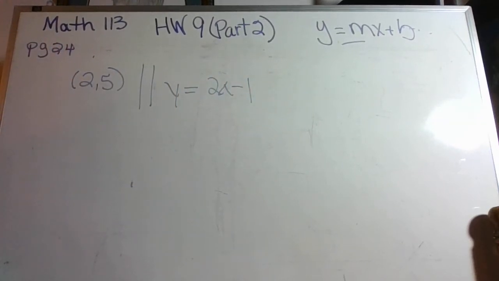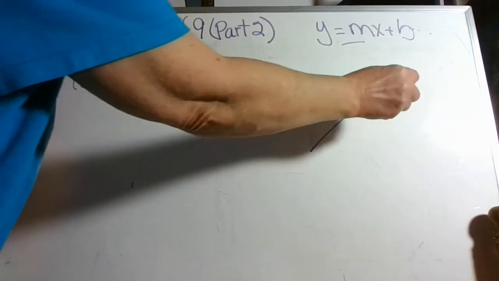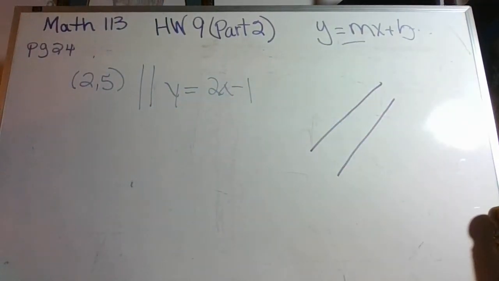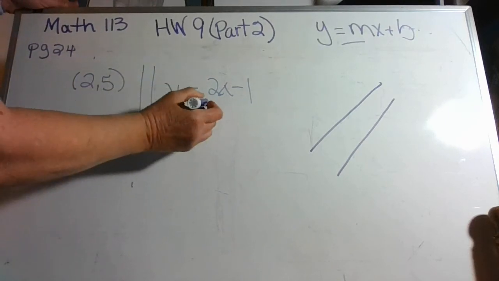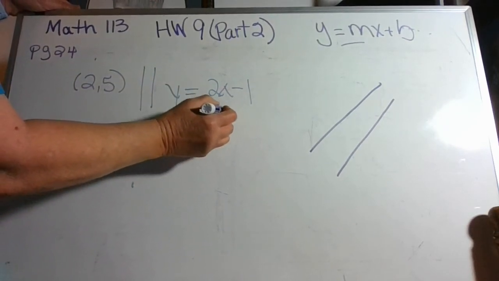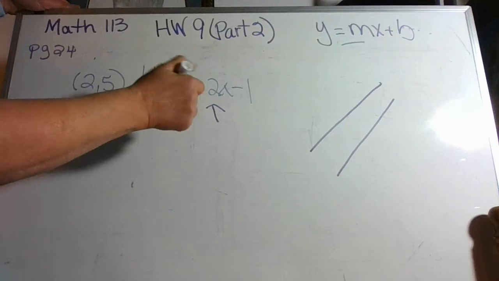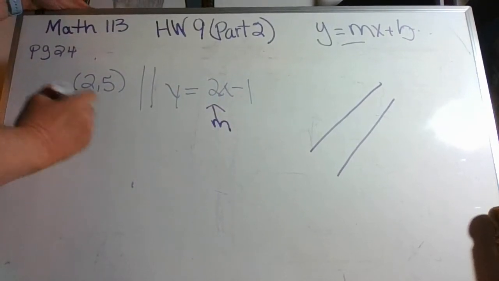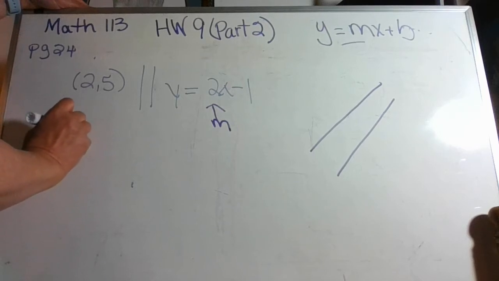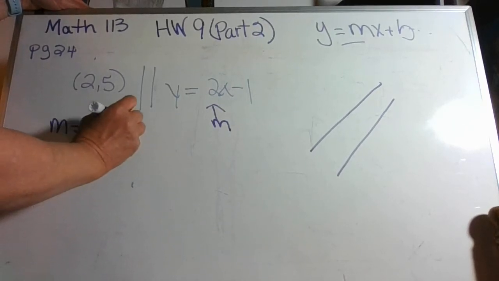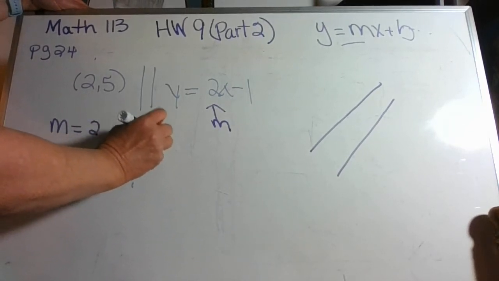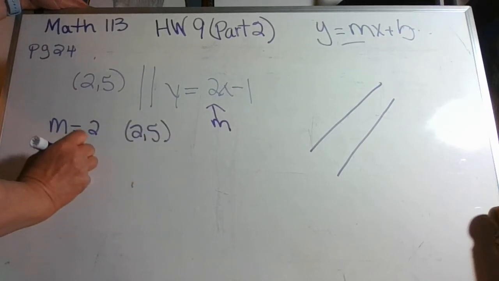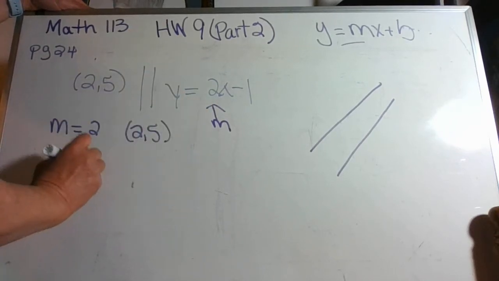Now, if you remember, parallel lines have to have the same slope because they never touch. So, if I want another line that's parallel, there's my m. It has to be the same. So now I have m is equal to 2, and the point I want it to go through is (2, 5).